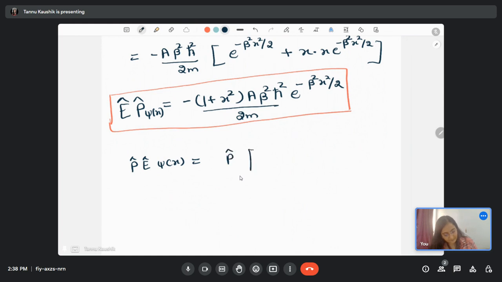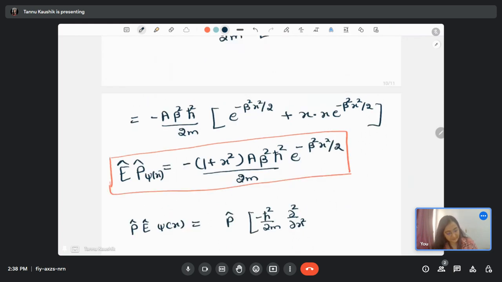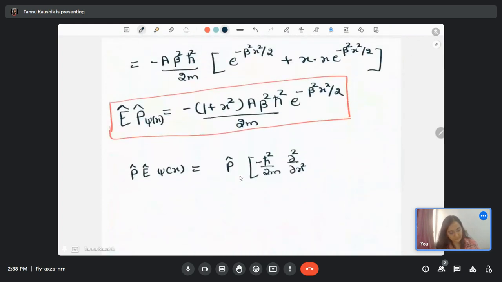Now interchanging the positions, and again applying on this psi x, what will we get?